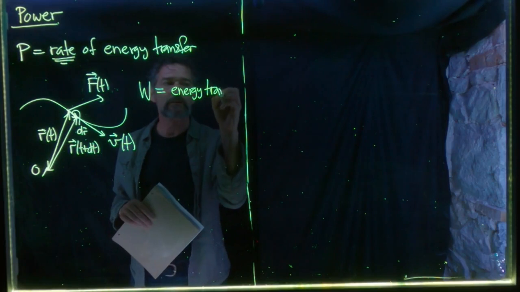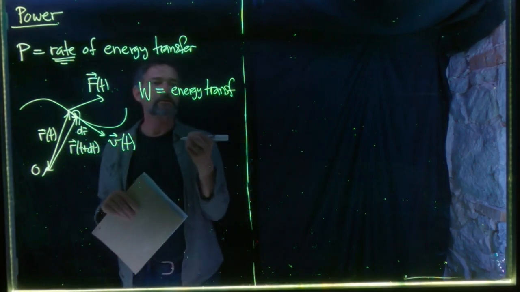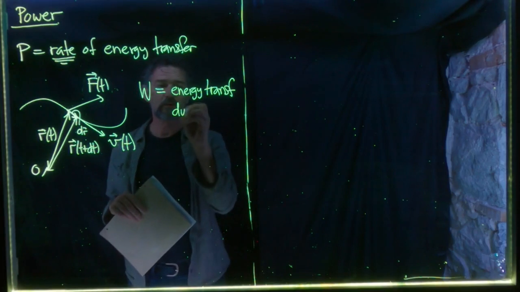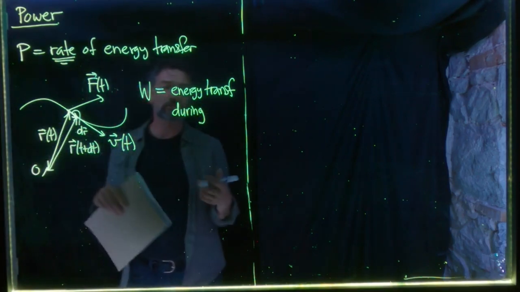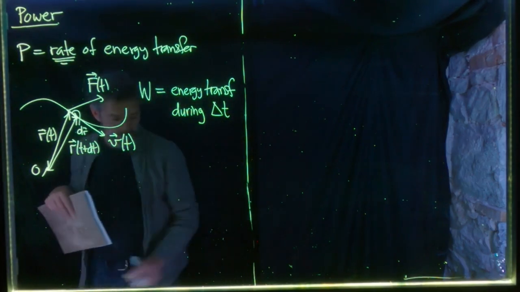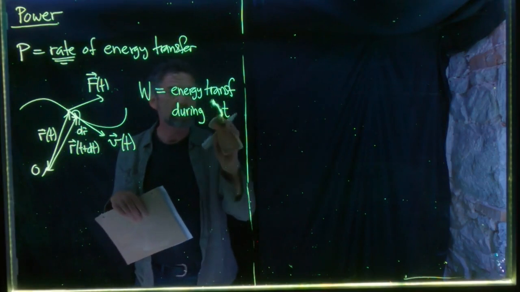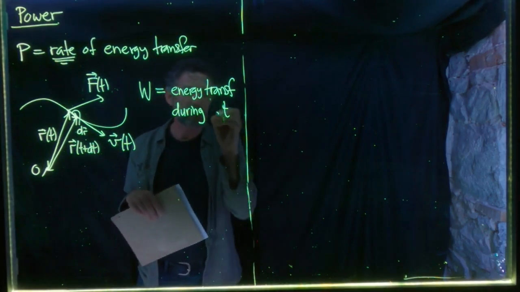Remember that work is an energy transfer mechanism. So it's the energy transferred to our airplane or whatever other object is in motion during time dt, I should say dt, not delta t. So it's an infinitesimal time interval, dt.